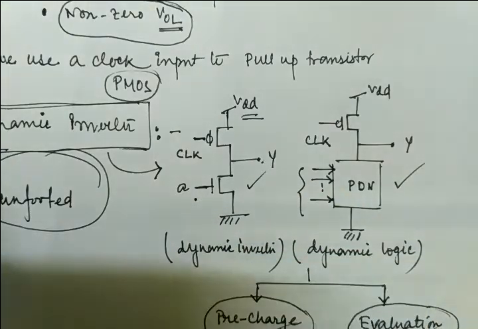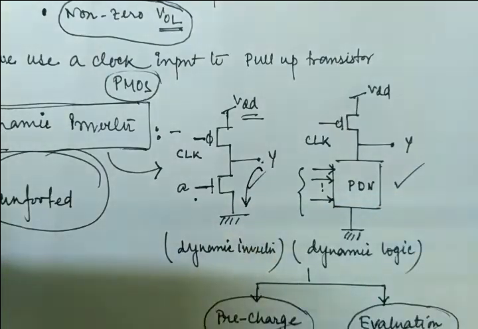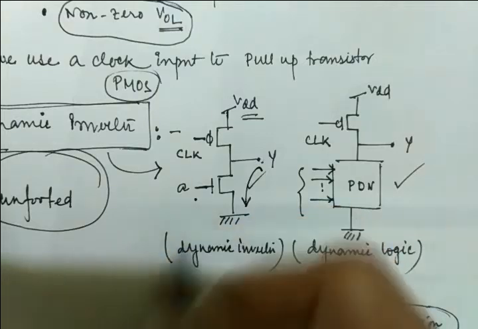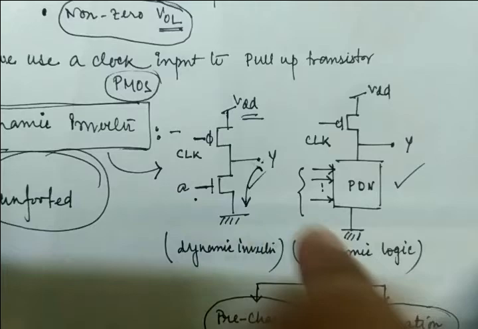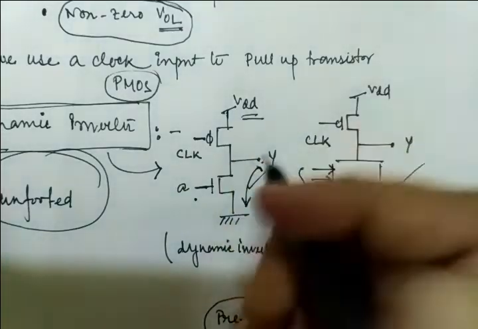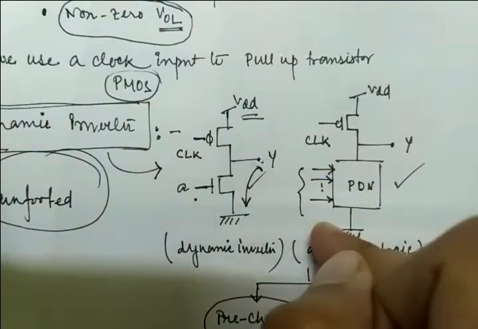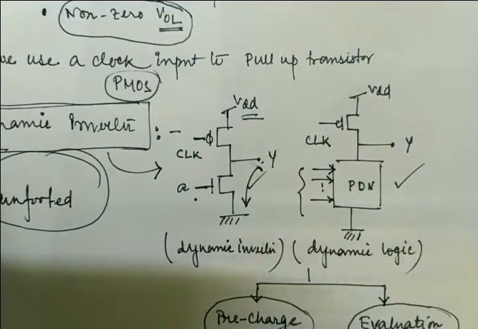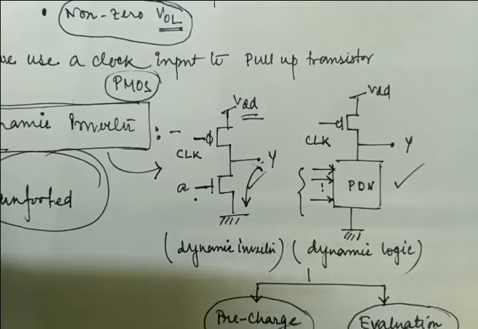If A equals 1, this NMOS transistor is on, so the output will be discharged to 0. But if A equals 0, this NMOS transistor is off, and the output will not be discharged to 0, because previously it was charged to 1. That means it will remain in this state, so Y equals 1. So this is the total dynamic behavior of your dynamic logic circuit.